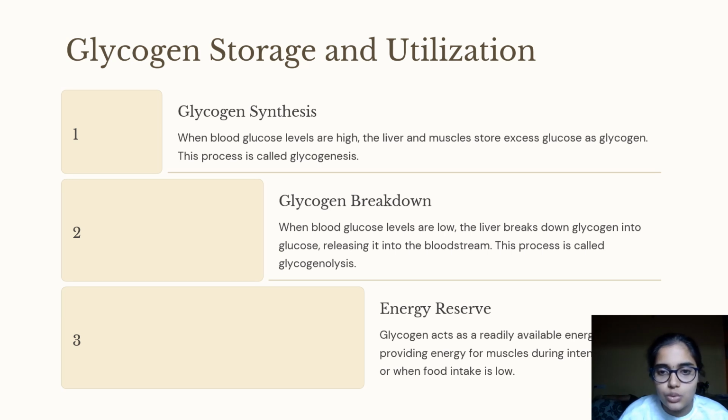When the blood glucose levels are low, the liver breaks down glycogen into glucose, releasing it into the bloodstream. This process is called glycogenolysis. Third is energy reserve. Glycogen acts as a readily available energy source, providing energy for muscles during work or when food intake is low.